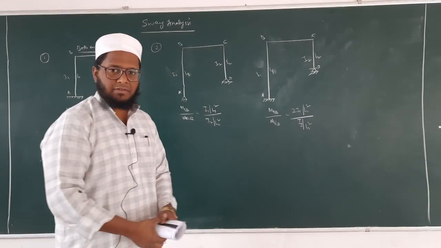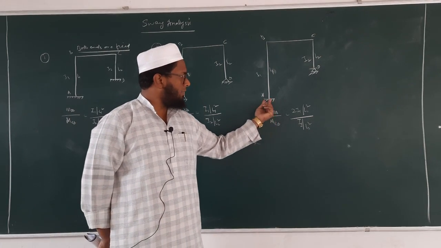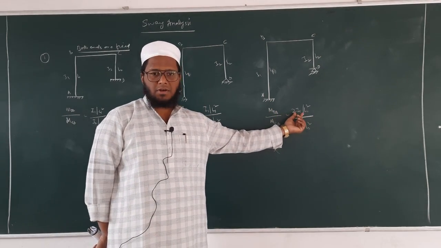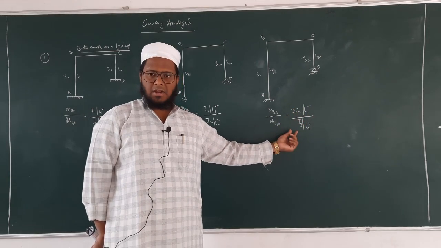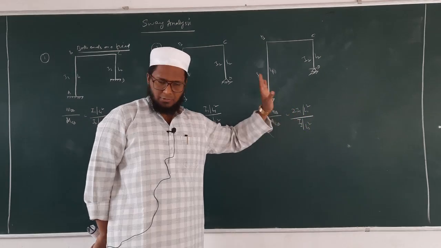Able to follow? Wherever it is fixed, at MBA it is fixed, so we will be using 2I1 by L1 square divided by I2 by L2 square.